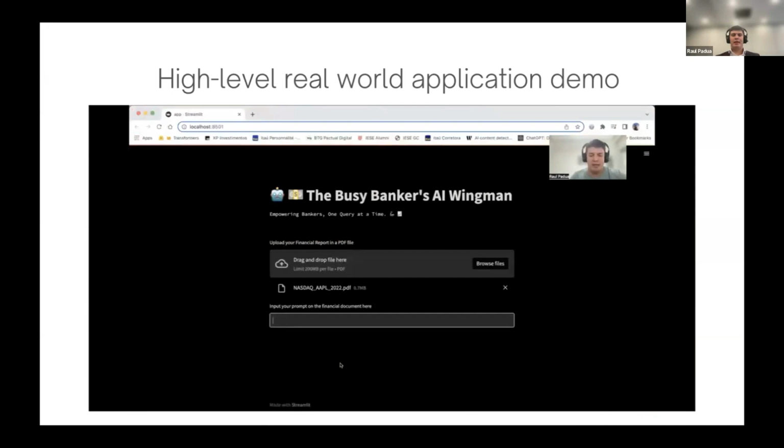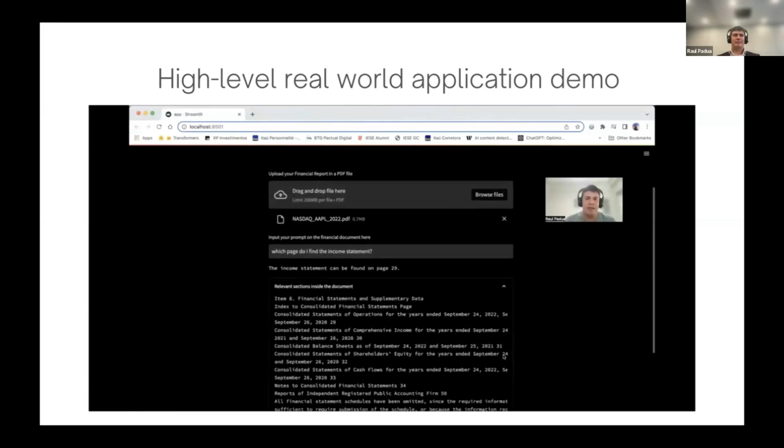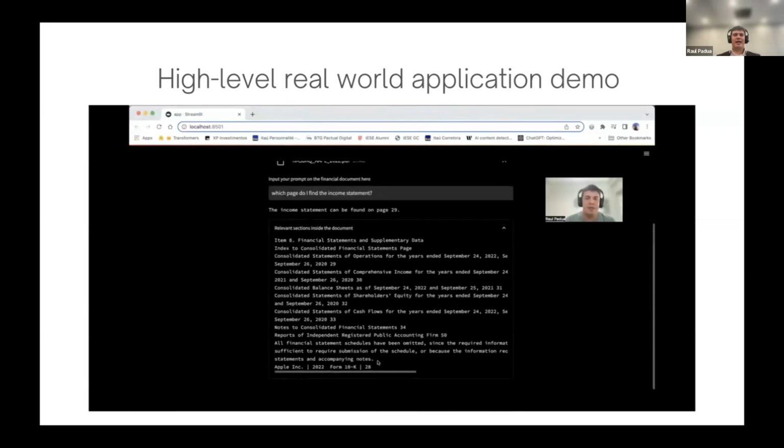Let's ask, which page do I find the income statement? It's querying the document, and it gives out the answer: page 29. And here you have the chunk of text in page 29 from the document.